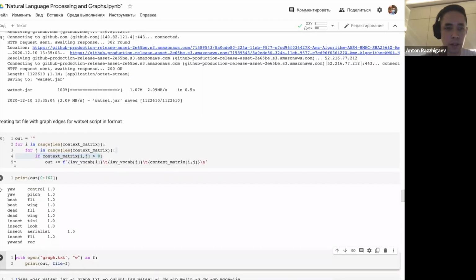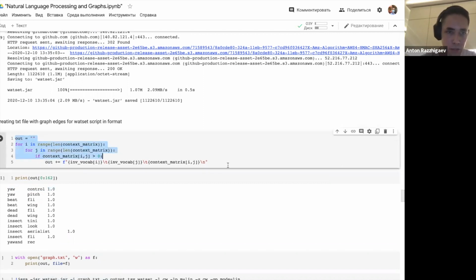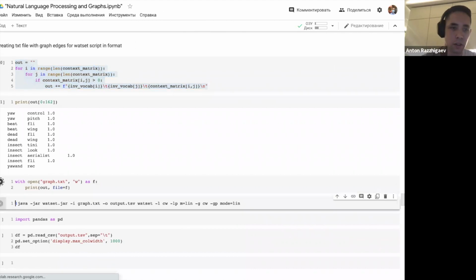This format you can see here: a pair of words separated by tab and a weight of the edge connecting these two words. So in this cell, we create such a file from our adjacency matrix and then write it to our Google Drive.